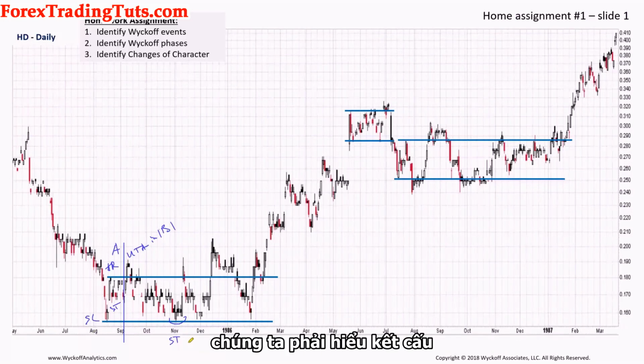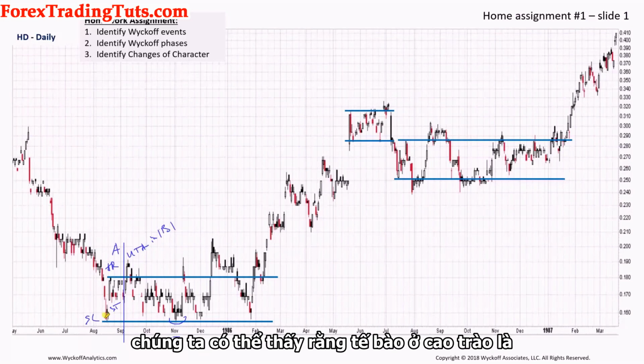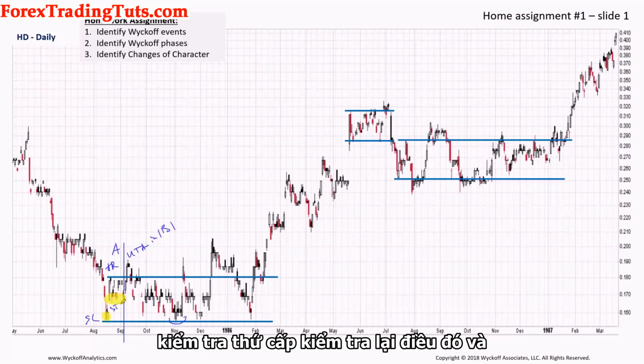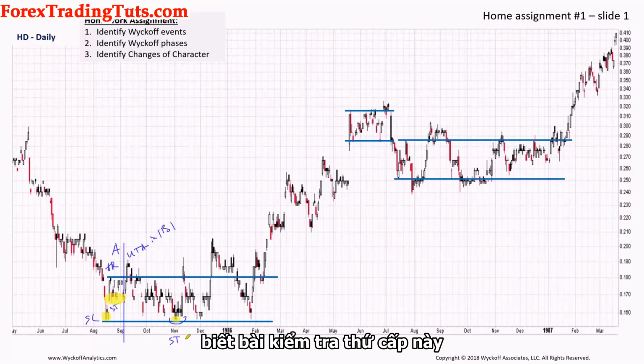We have to understand the texture of the large formation, how it forms. We could see that the selling climax is always going to be associated with the secondary test, the retest of that. And then in phase B, Rama has mentioned this secondary test that goes to the support level.